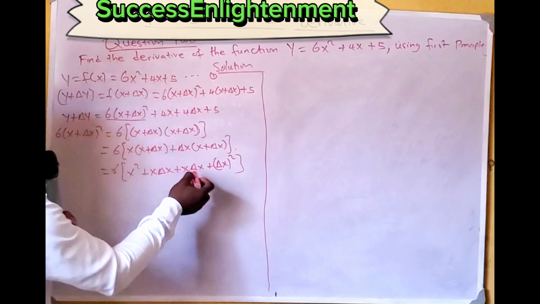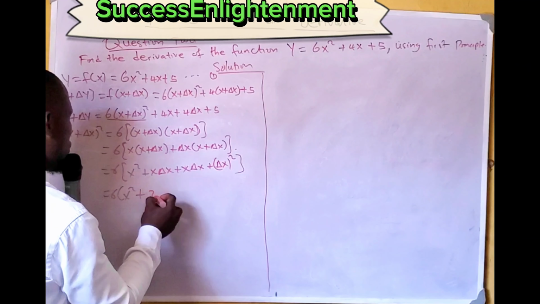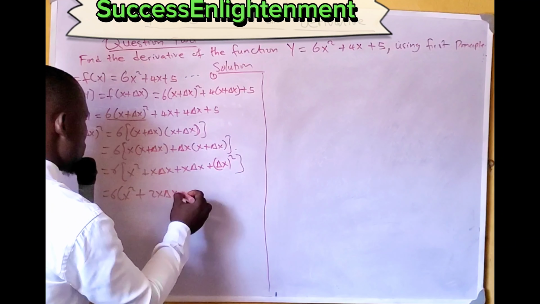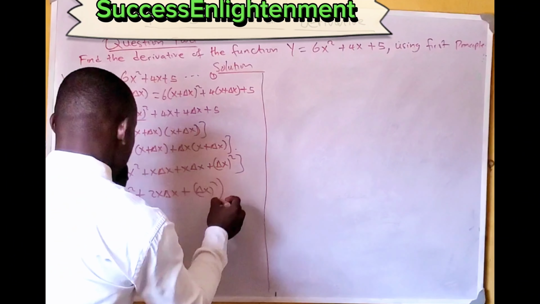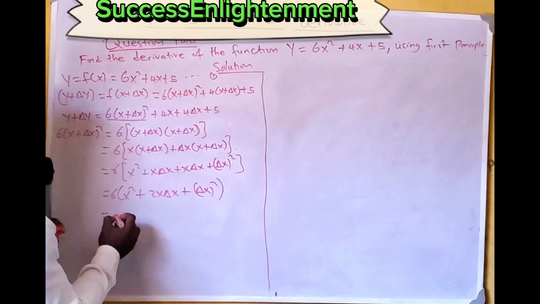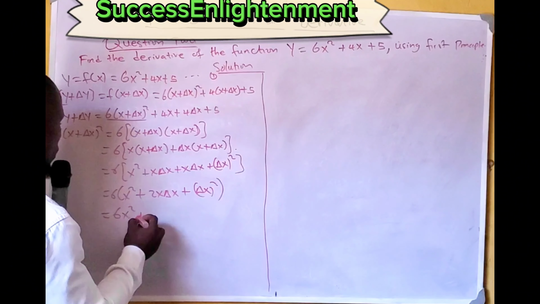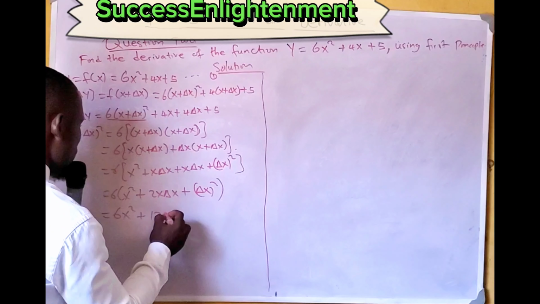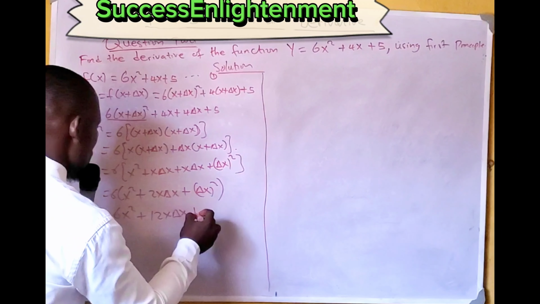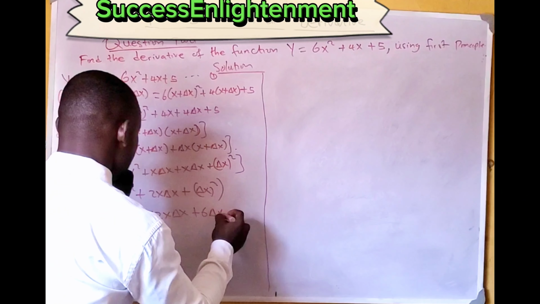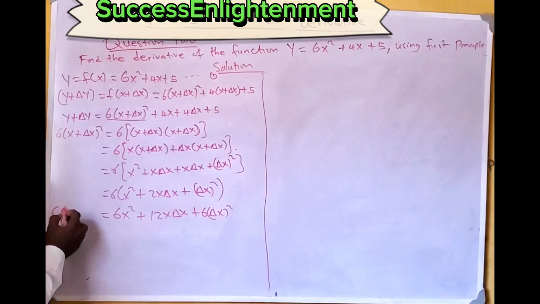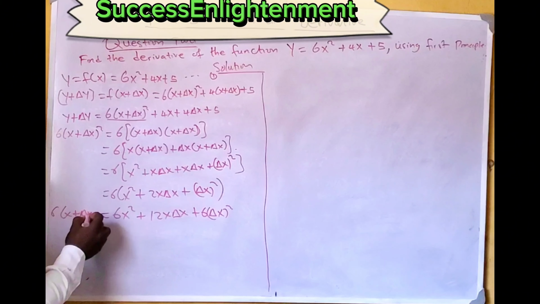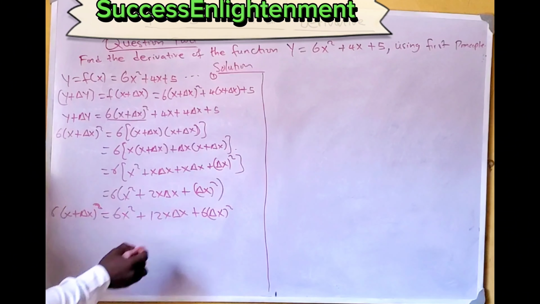This will now be 6 into x squared plus 2x change in x plus change in x all squared. Now we can multiply through by 6. This will now be 6x squared plus 12x change in x plus 6 change in x squared.